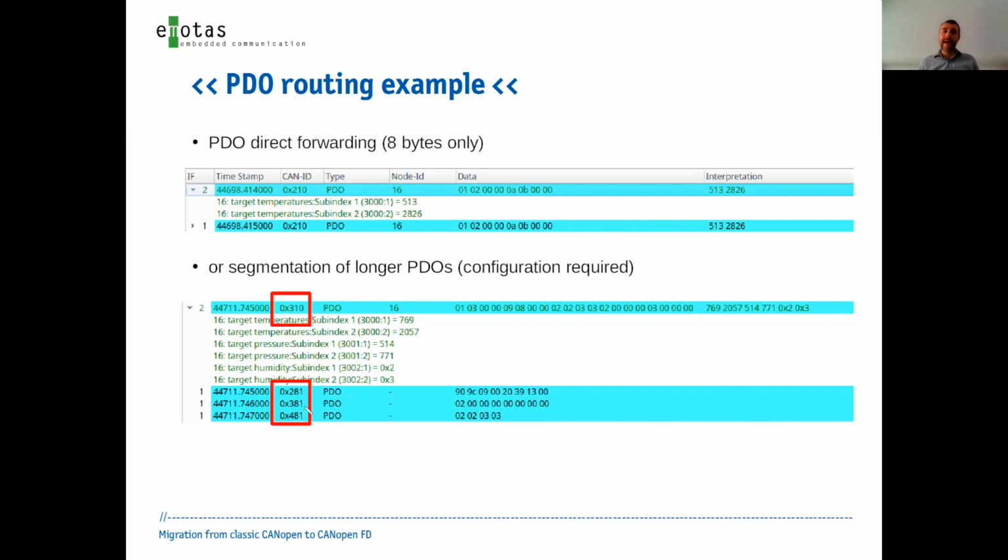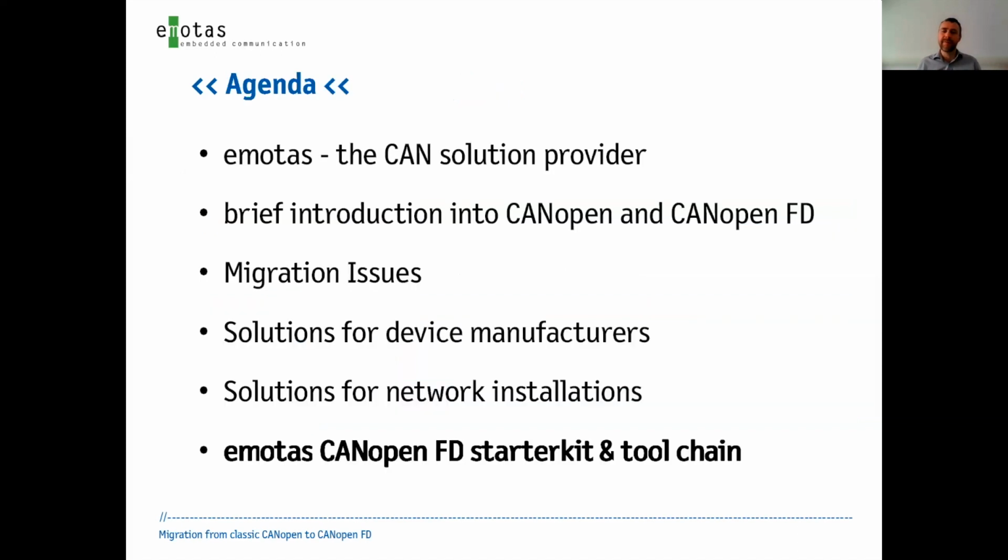So anyway, there are gateway solutions available, but maybe the best idea is to start with a new CANopen FD development from scratch, or to build new CANopen FD devices. If you want to start with a CANopen FD development, we offer a CANopen FD starter kit.